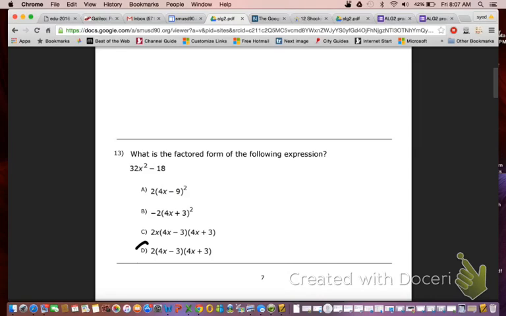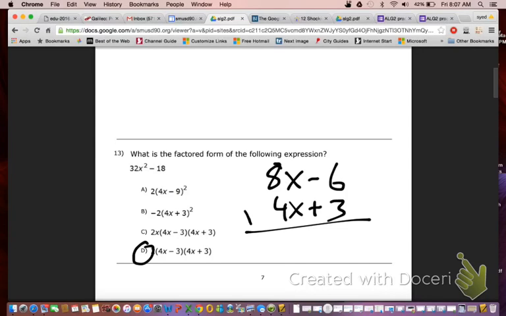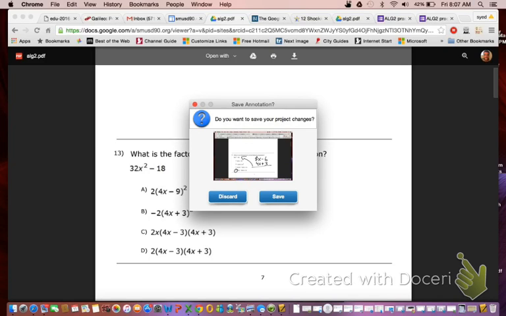Do enough work and you should see that it's D, because you get 2 times 4x minus 3 is 8x minus 6 times 4x plus 3. This will give you that. So it is choice D. Okay, so that's that.